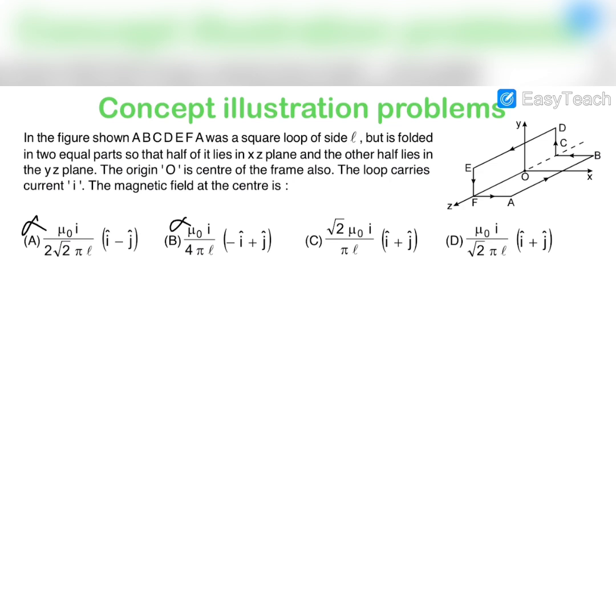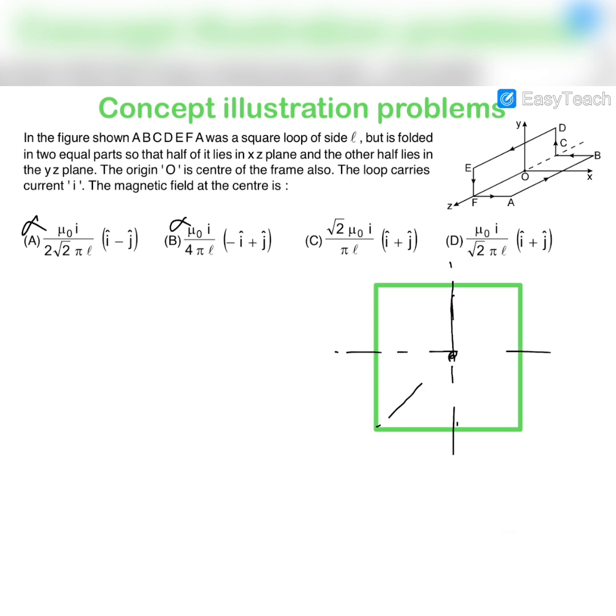Now we also have to find out the magnetic field value at O. So let us again use a square, and let us find out the magnetic field by this square at the center. We know that if we find out the magnetic field due to a single wire of the square, and multiply this magnetic field by 4, then we get the magnetic field due to the complete square, and hence we can write it as 4 times mu naught I by 4 pi a.